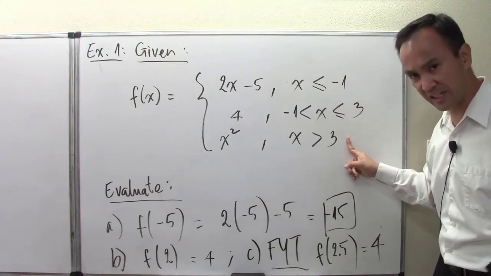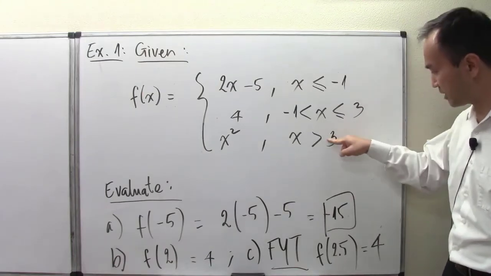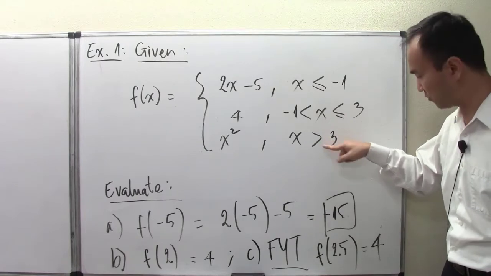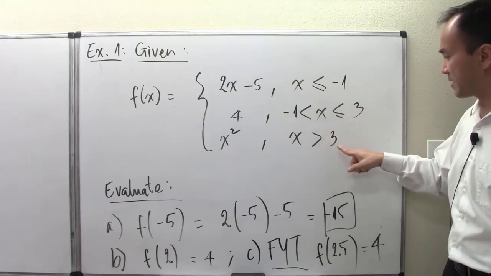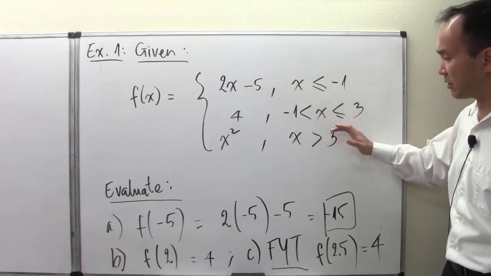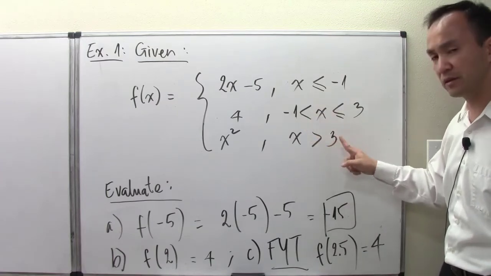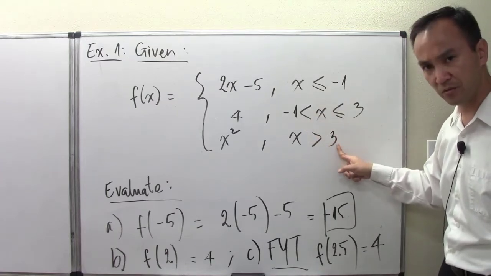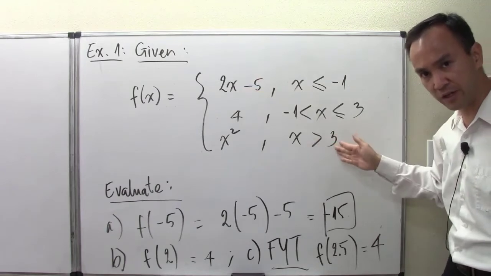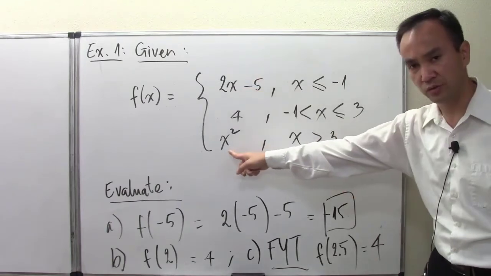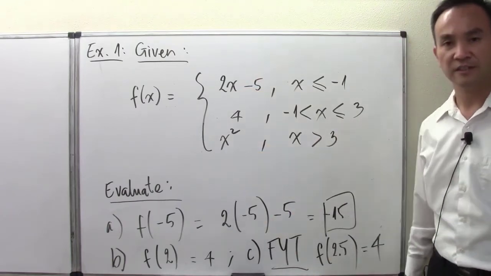The piece where I just made that correction earlier, I mistakenly put a negative sign right here, but that was not meant to be there. Anytime we choose an input greater than 3, which 4 obviously is, then we have to go with that rule to determine our final output.